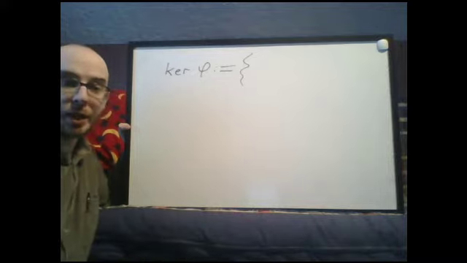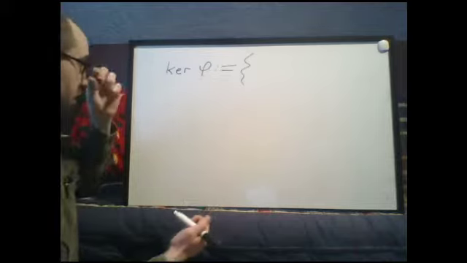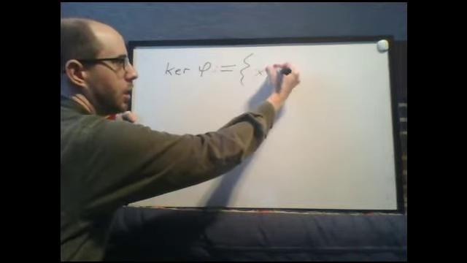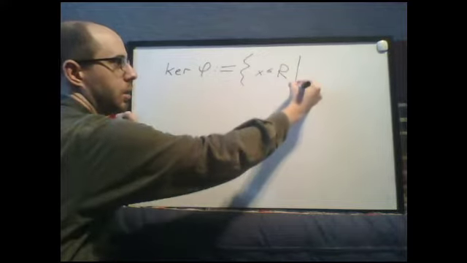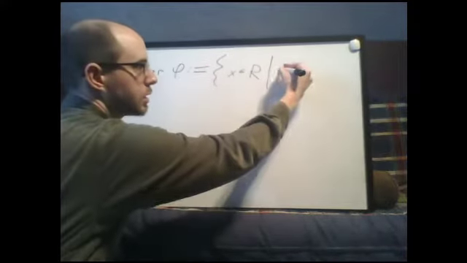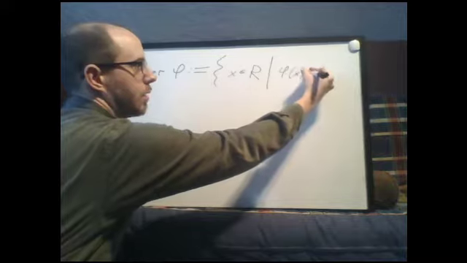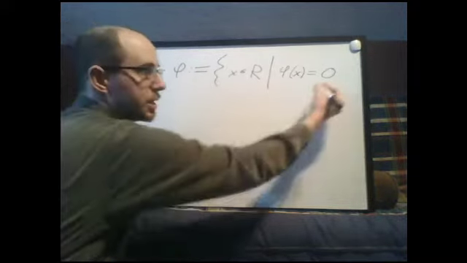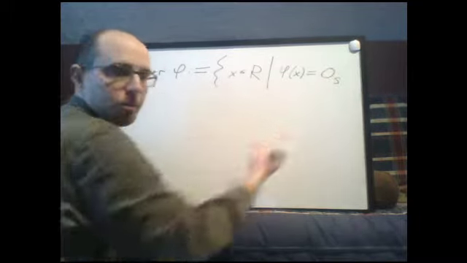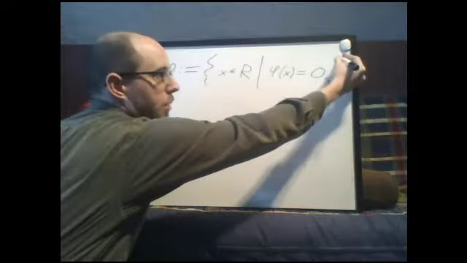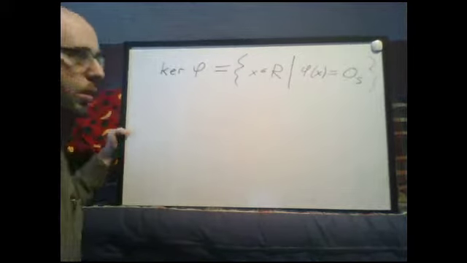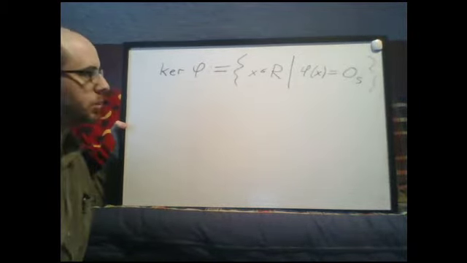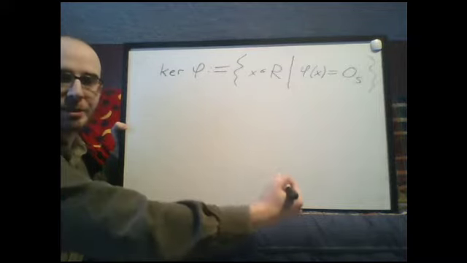Here the trivial element is the 0 element. So this would be all of the x's in R such that phi of x equals 0, where that 0 is the 0 in the output ring S, that's 0 sub S. So it's the set of all elements that get mapped to 0.